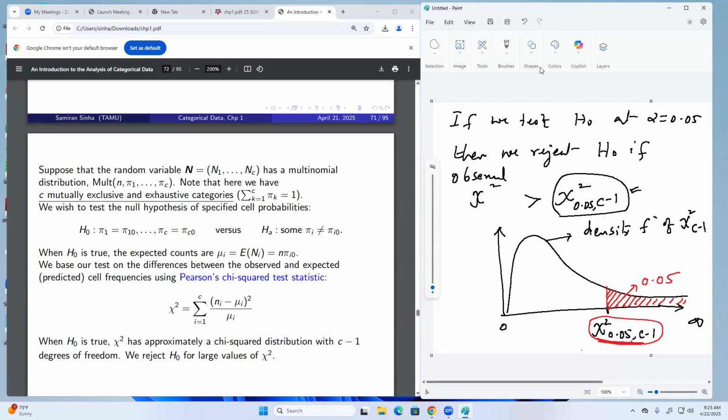The idea: if you want to test the hypothesis at alpha equal to 1%, instead of 0.05, we can set alpha equal to 0.01.